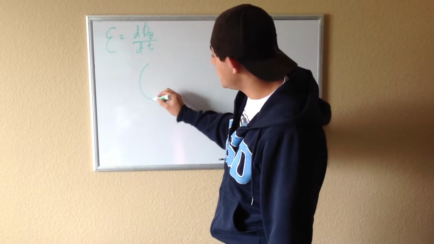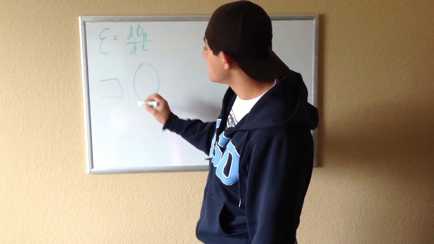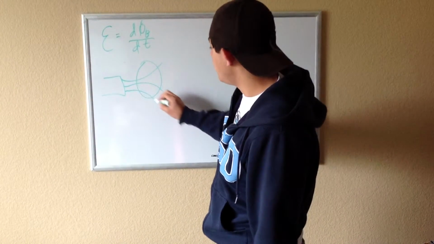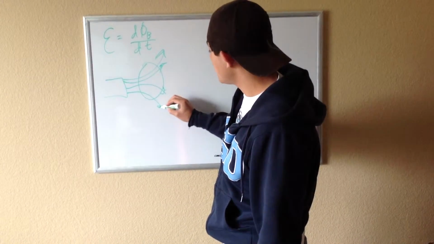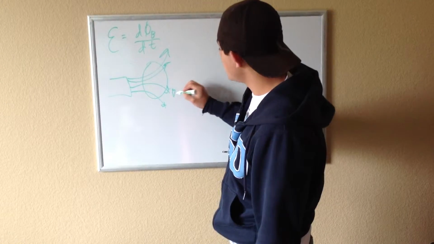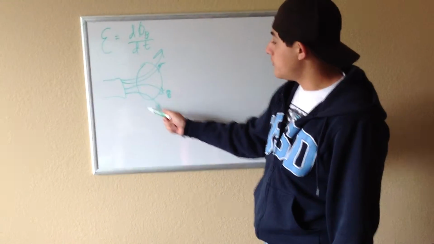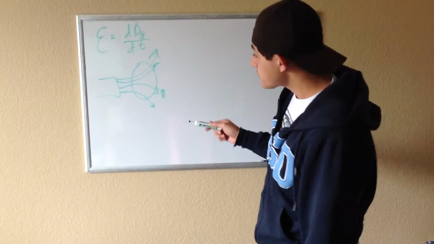Let's say we have a loop here, and then we have some bar magnet here. Coming off the bar magnet are some B fields, like such, and this is the B field. The flux is the amount of magnetic field going through this area of the loop.